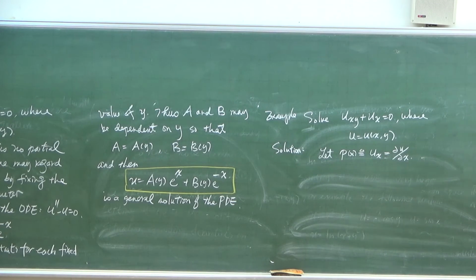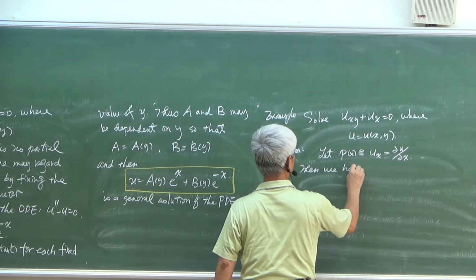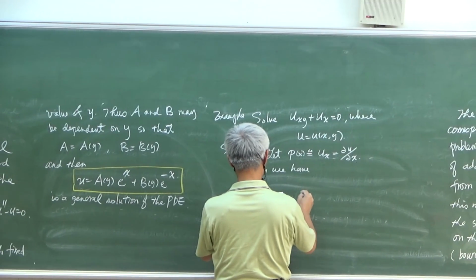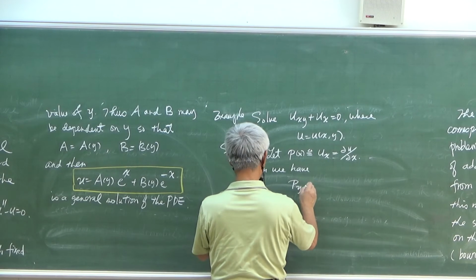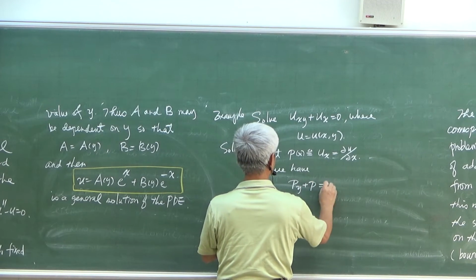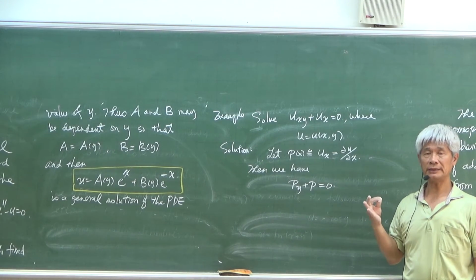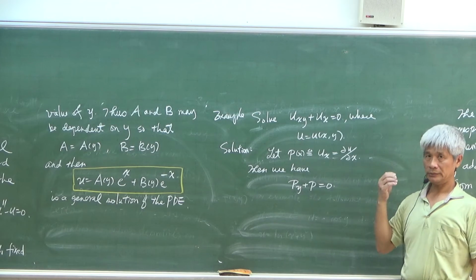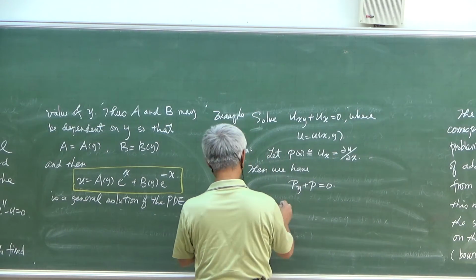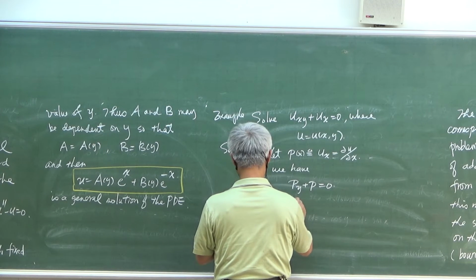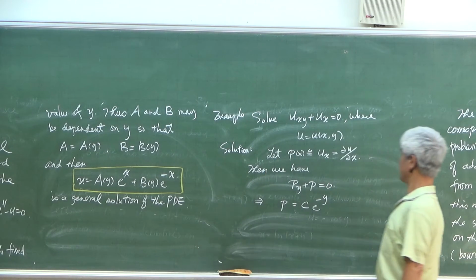So we define p, and then we have p_y + p = 0. It comes down to an ordinary differential equation. So this implies that p = c e^(-y).